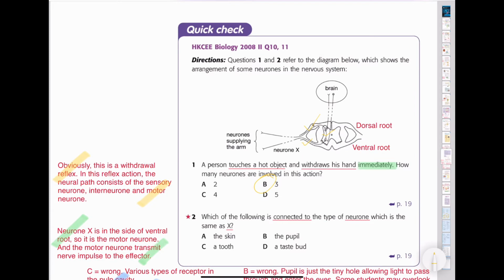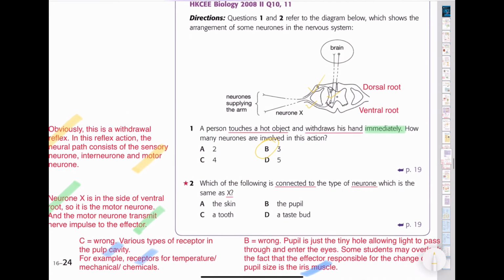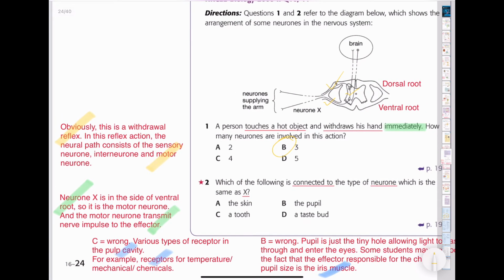And then for question 2, which of the following is connected to the type of neuron which is the same as X? Neuron X, this neuron, what is it? Remember that, okay, I told you guys to distinguish the dorsal root and ventral root in this diagram first, because neuron X is in the ventral root, and that's why it is a motor neuron.